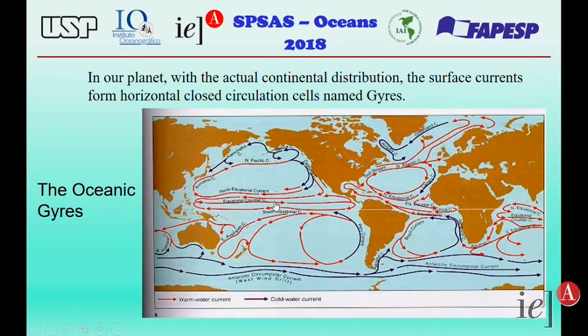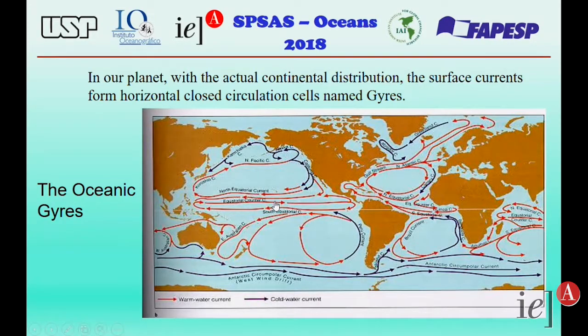And the direction of the flow is either clockwise or counterclockwise. In the northern hemisphere, as you can see in this picture, the two basins in the northern hemisphere are clockwise.